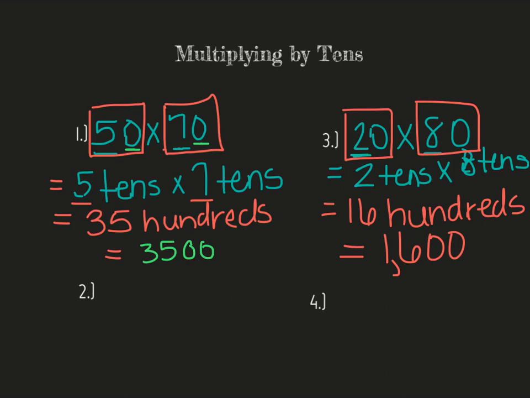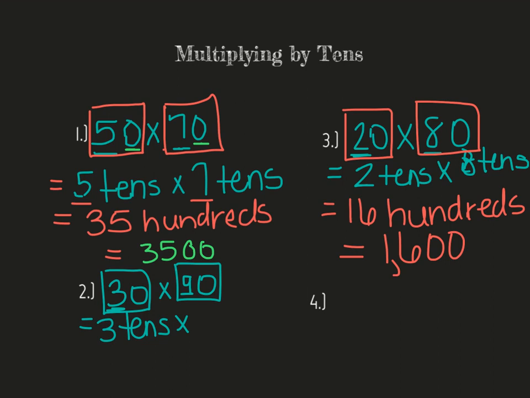Let's say that this time I have 30 times 90, okay? Again, I'm going to look at how many tens I have. In my first factor, I have 3 tens, and my second factor has 9 tens. So we have 3 tens times 9 tens.